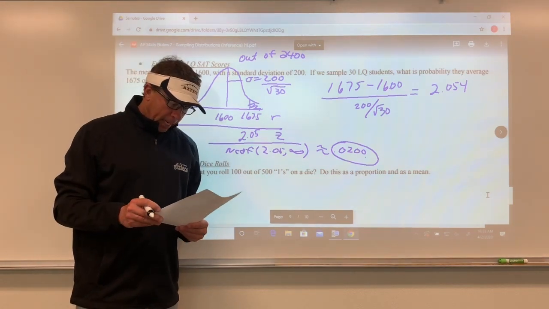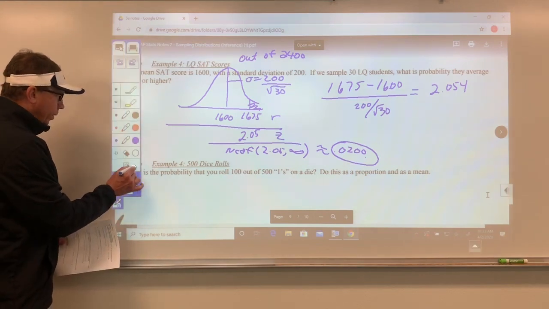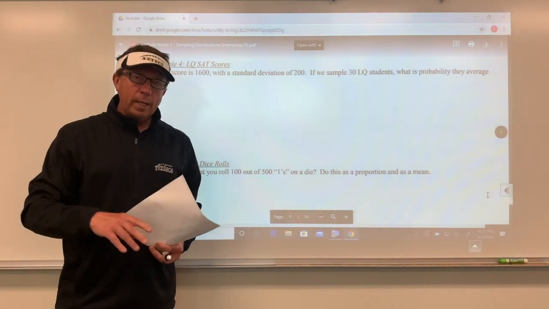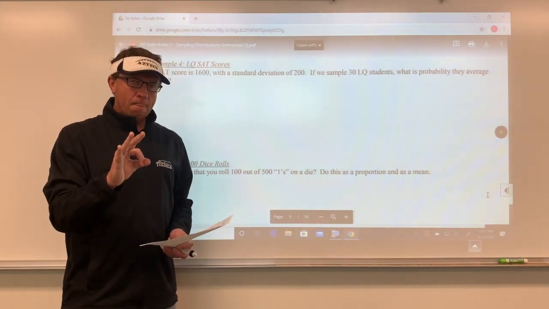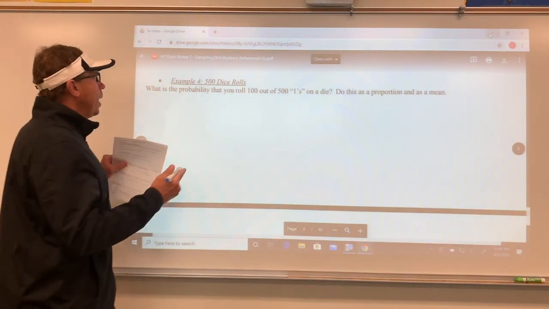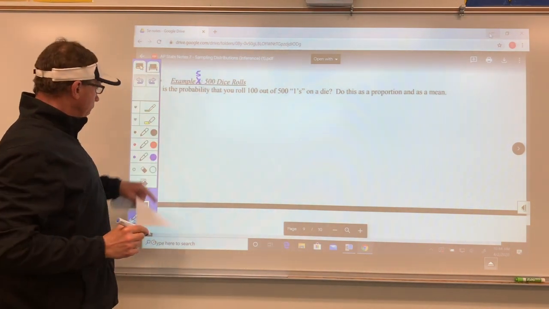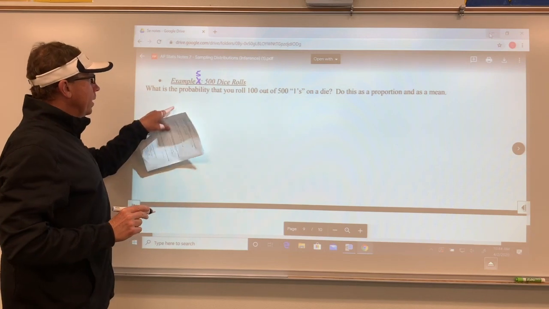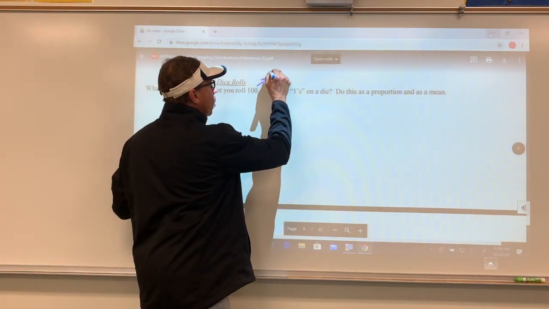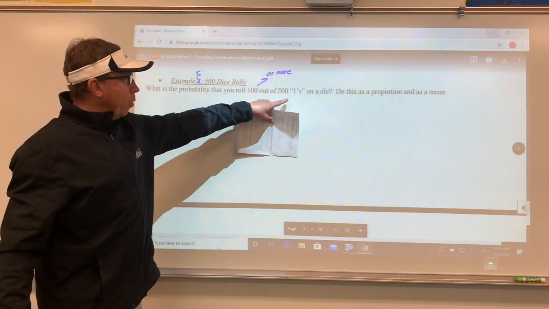Okay, last problem, and there's a couple of typos on this problem, which I will guide you to, okay? And I'm going to do this literally 3 different ways at the very end. The last example is not example 4, it's actually example 5, and the question is, what is the probability that you roll 100 or more ones out of 500 rolls of a die?